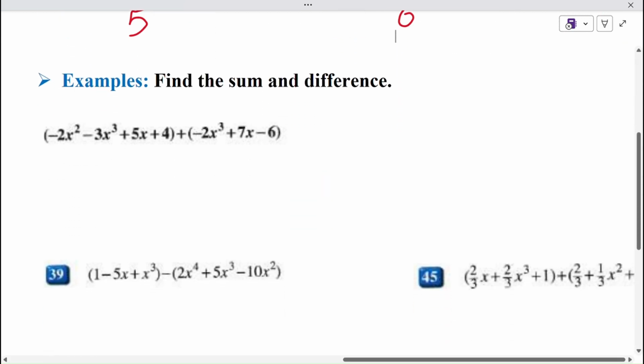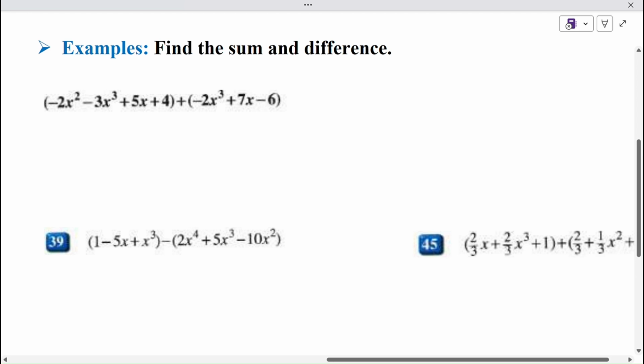So what about this example? This example says find the sum and difference. Here we have to find the sum and difference of these polynomials. At first, you have to combine like terms.